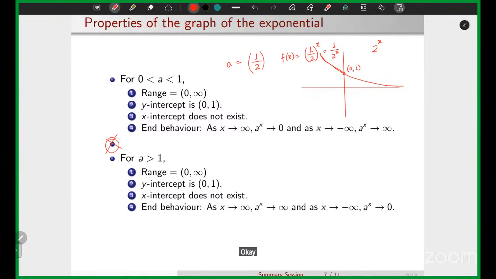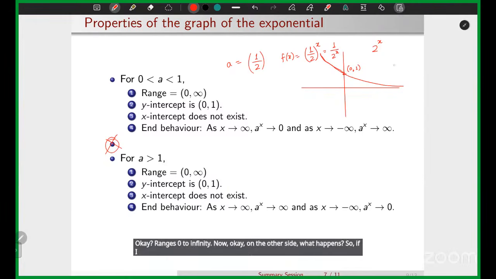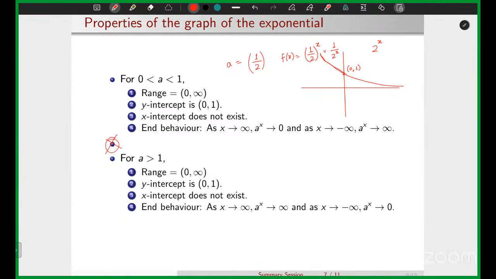Okay, so from this, all of the properties that are listed are clear, right? Range is 0 to infinity. Now, on the other side, what happens? If I decrease the value of x, if I go more and more negative, what happens? It's increasing, sir. Yeah, so as I approach minus infinity, the value of f of x shoots up.